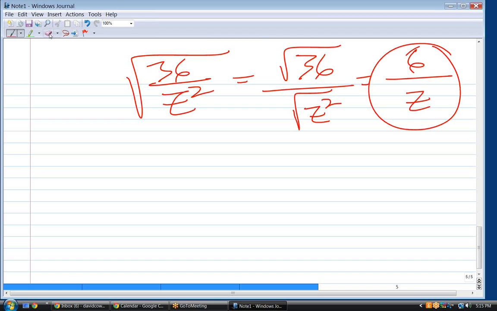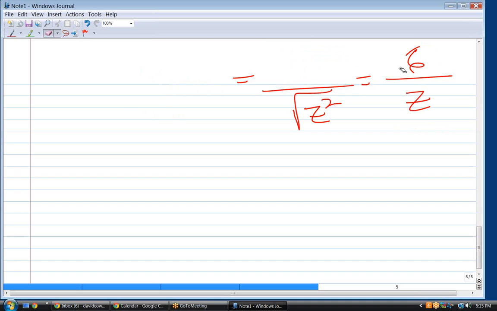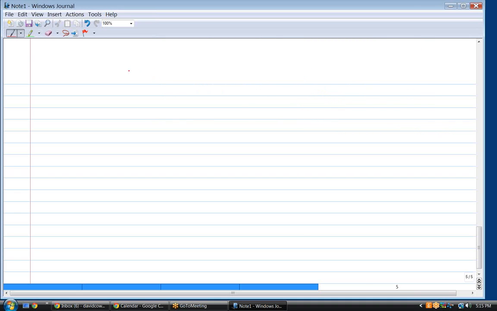Okay. Now, before we go any further, let's talk about one thing that they may or may not have taught you. If you have a problem like this, where you have a radical in the bottom that doesn't convert to an integer, this is an irrational number.